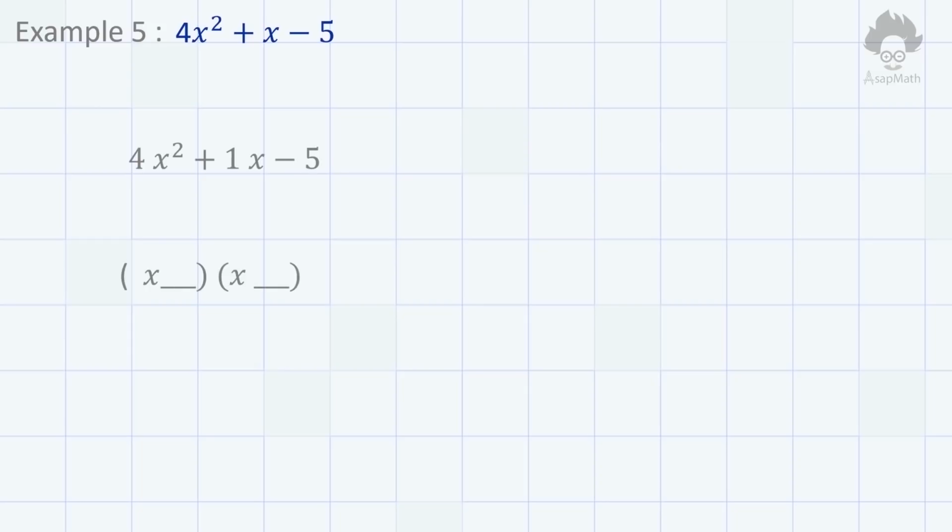Moving on to example 5. We can repeat the above discussed steps. Two relevant factors that satisfy the conditions are minus 4 and plus 5.